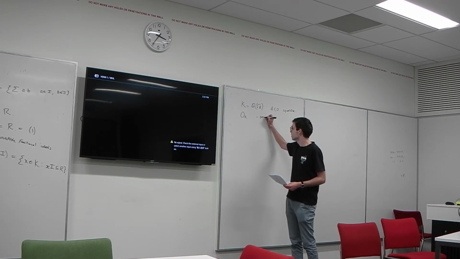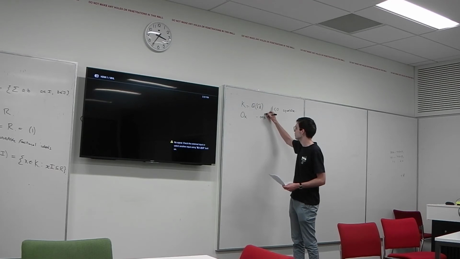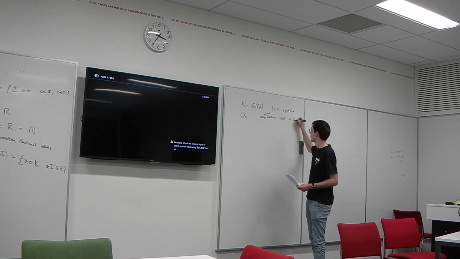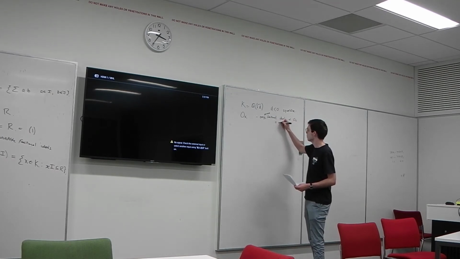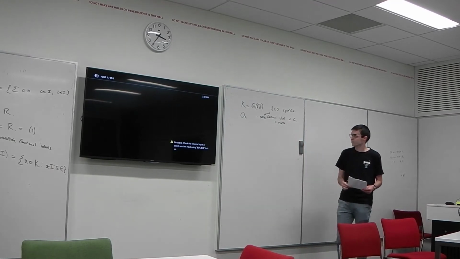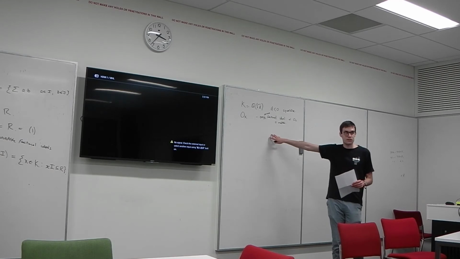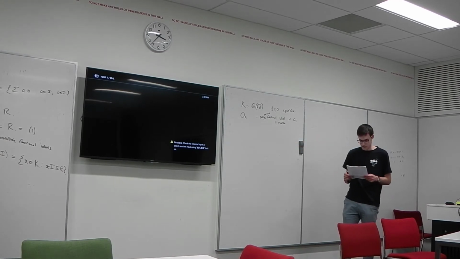Every non-zero fractional ideal of O_K is invertible. So this group is all of the ideals, and all of them are invertible.